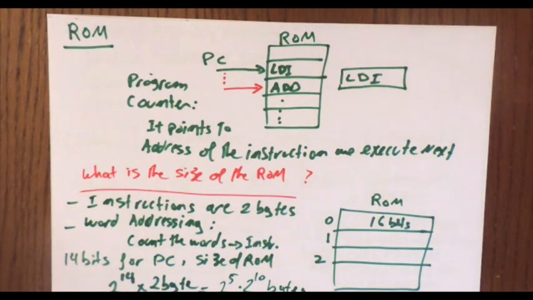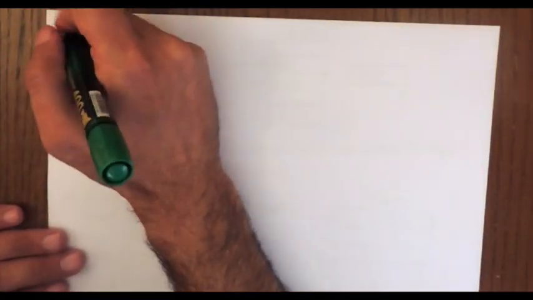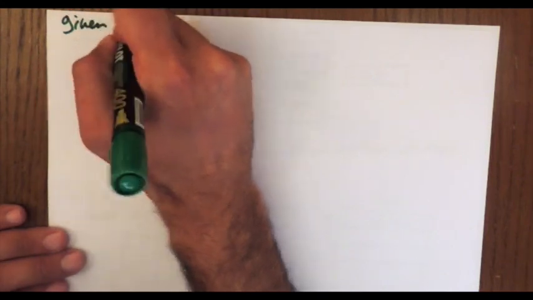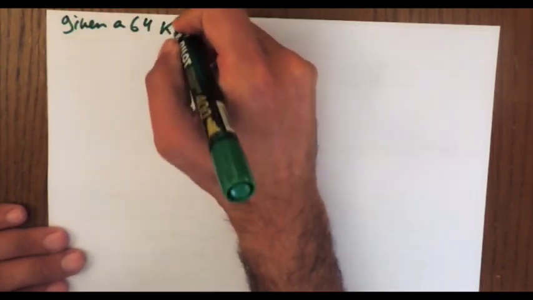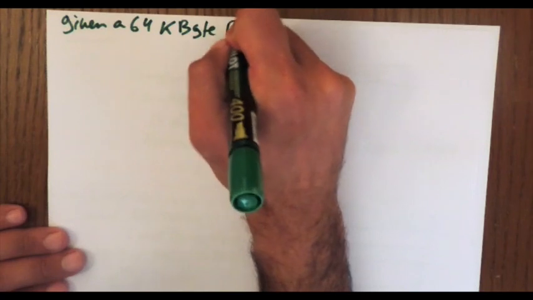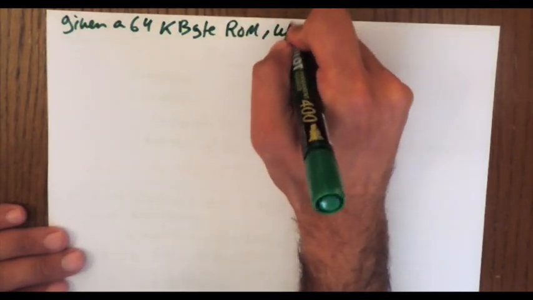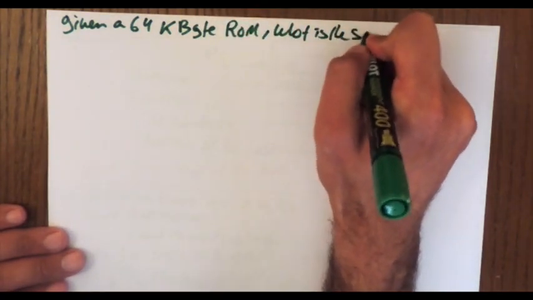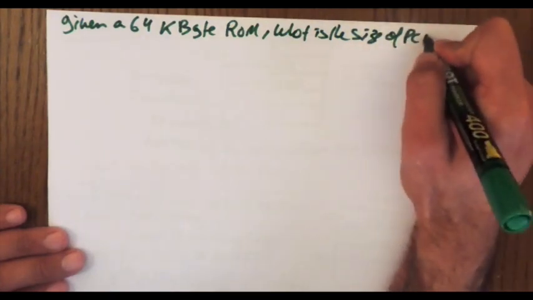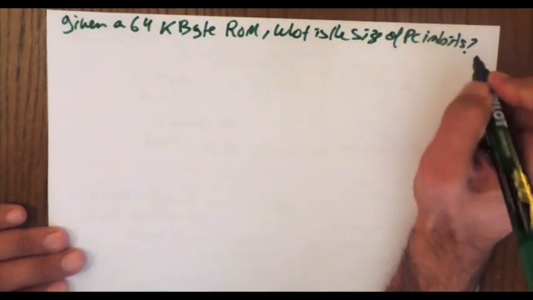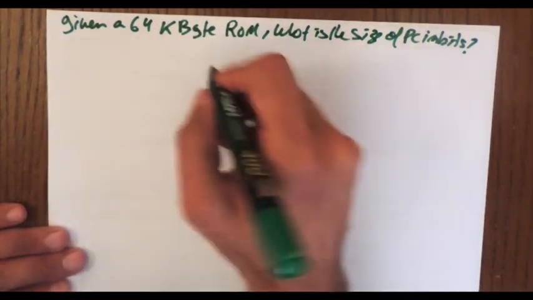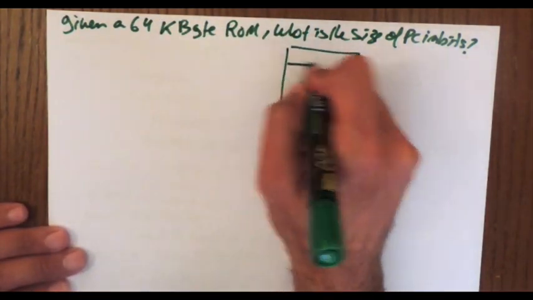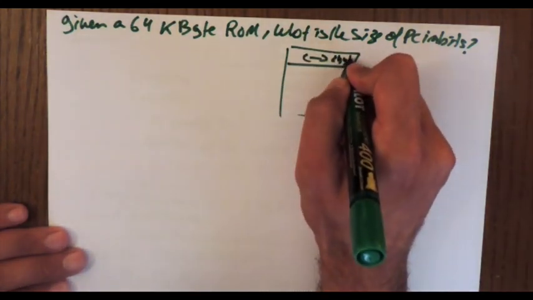Now, if I want to give the problem in another way, let's say, given a 64 kilobyte ROM, what is the size of PC in bits? So I have 64 kilobytes, and I know that the ROM has 2 bytes per location.